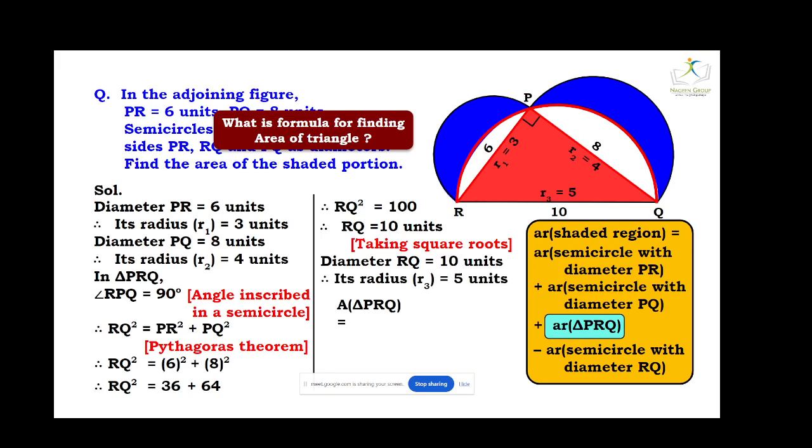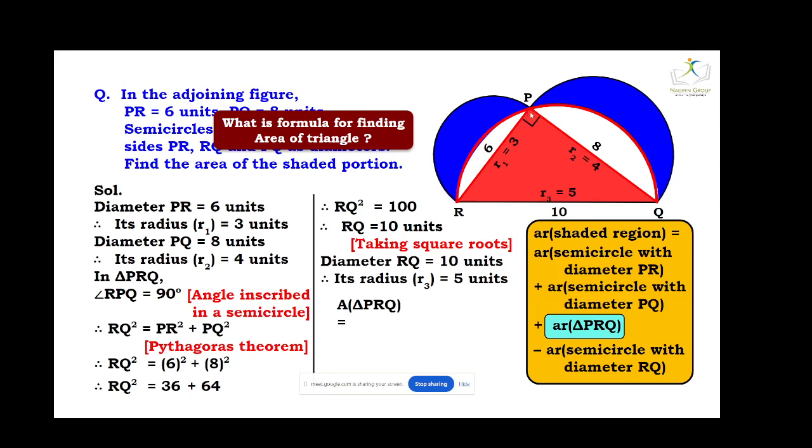That's all, the concept is over. How to find the area? The shaded regions, the blue region and this other region, we have to add. So first use the semicircle formula three times and one triangle area formula. How to find the area of the triangle? Half into base into height. Which is your base?